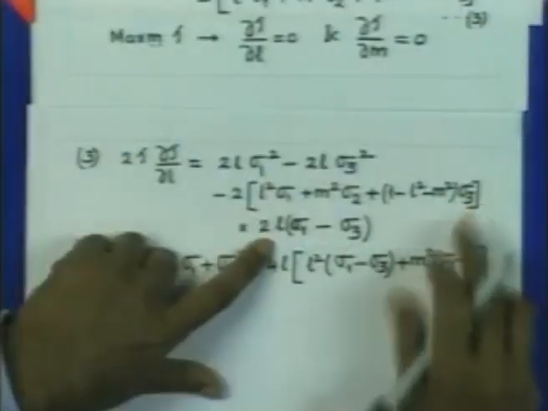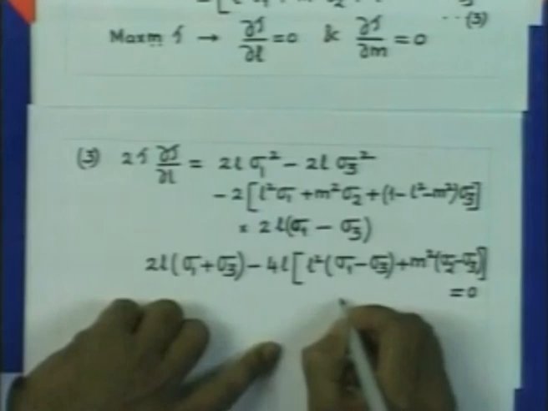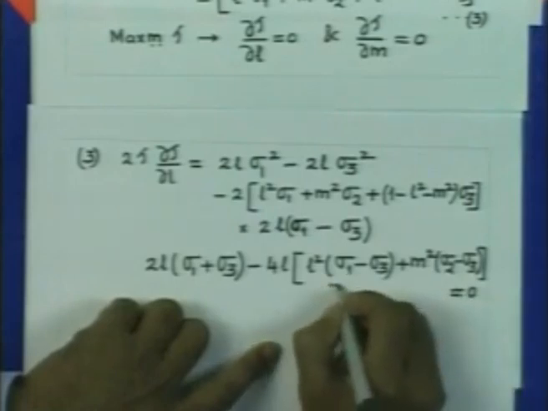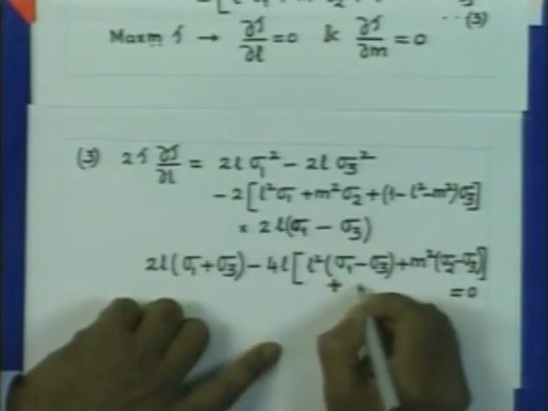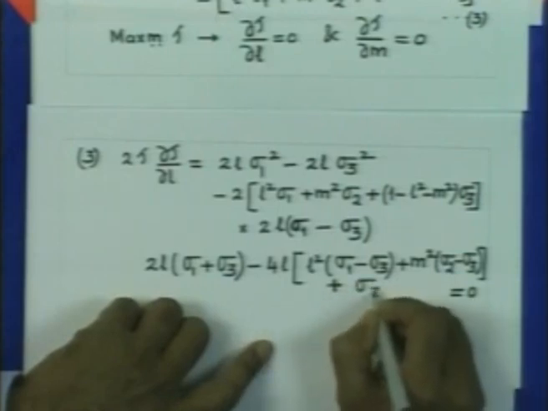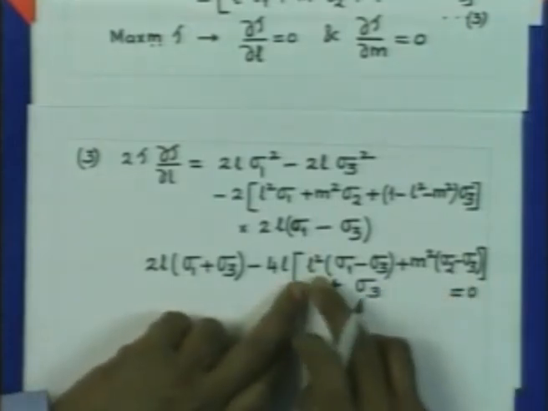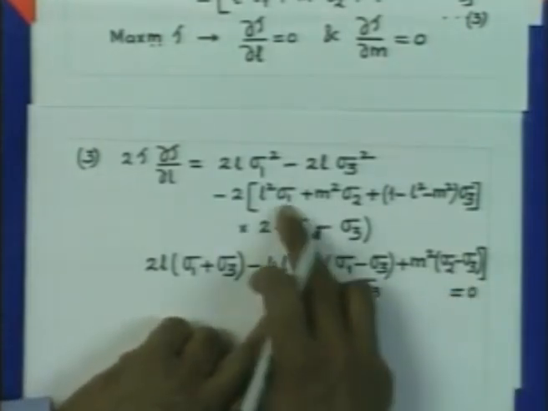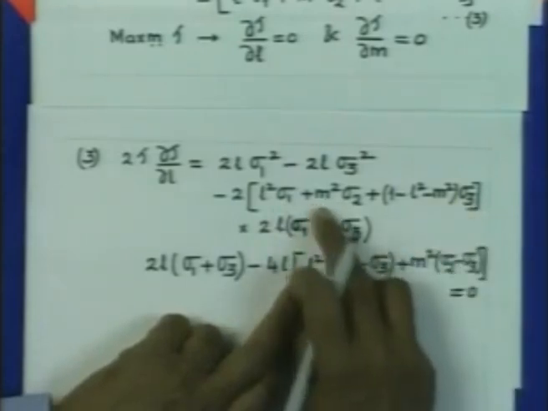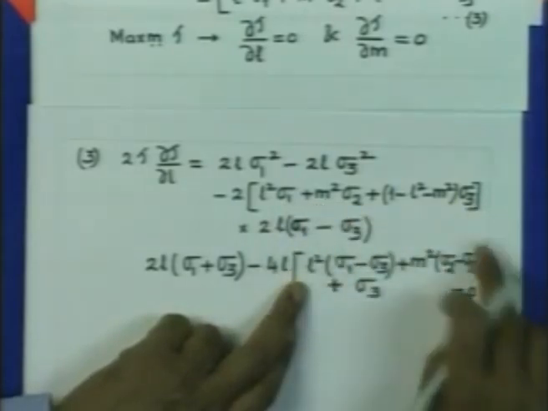So, we will have m square sigma 2 minus sigma 3, plus I am sorry, a term which will be left is sigma 3. So, the terms within the bracket will be l square sigma 1 minus sigma 3, m square sigma 2 minus sigma 3, plus sigma 3.